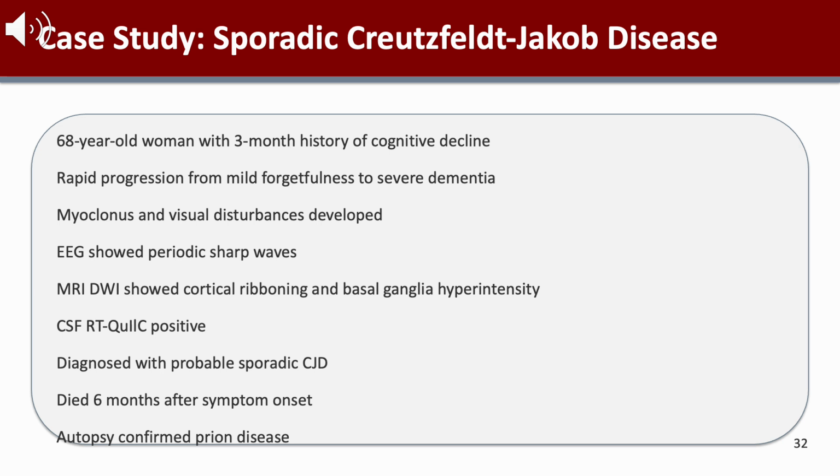Cerebrospinal fluid analysis with the RT-QuIC assay was positive, supporting the diagnosis of prion disease. She was diagnosed with probable sporadic Creutzfeldt-Jakob disease. Despite supportive care, she continued to decline and died 6 months after symptom onset. Autopsy confirmed the diagnosis of prion disease with characteristic neuropathological findings.